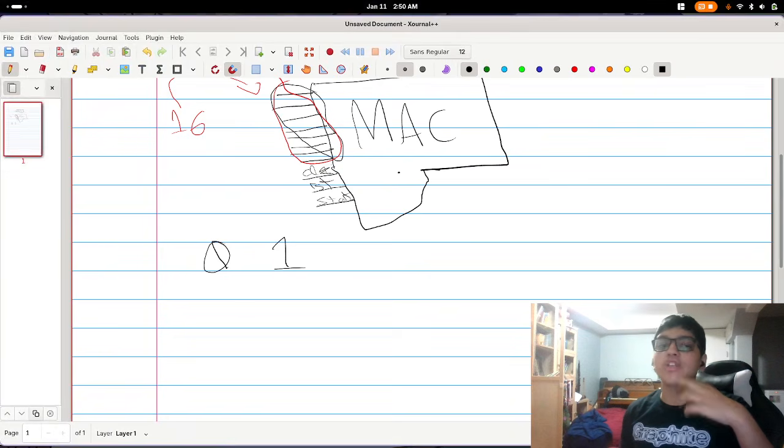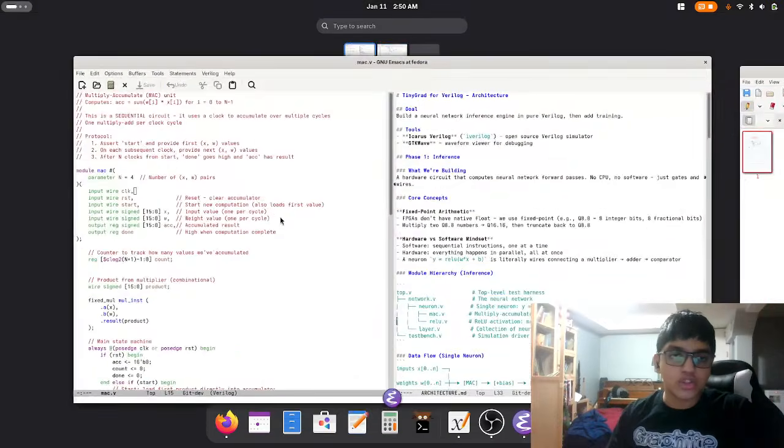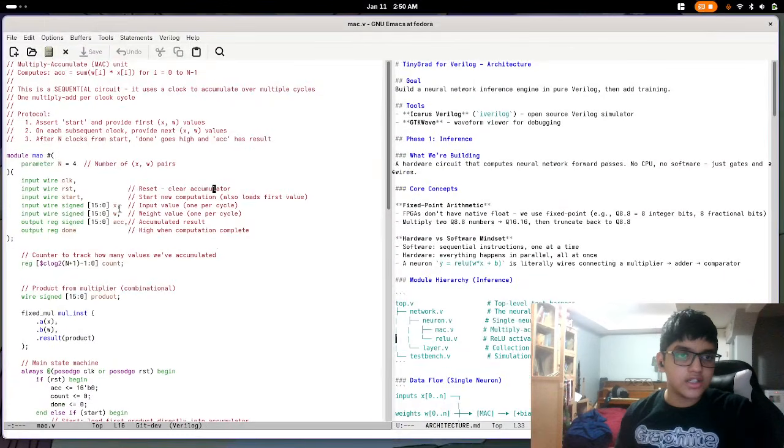If you don't send electricity through that wire, it's zero, else it's a one. Cool. So the outputs are the accumulated results and done.